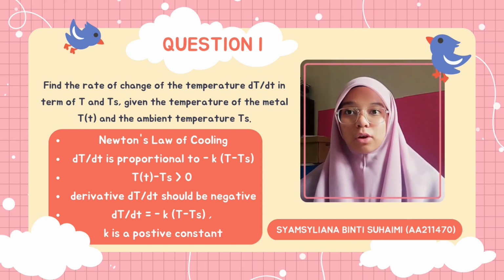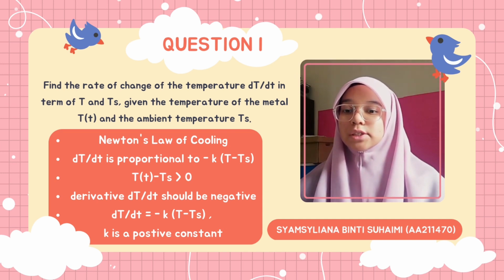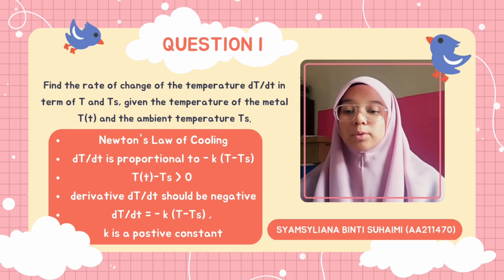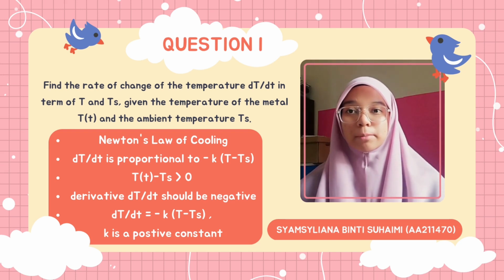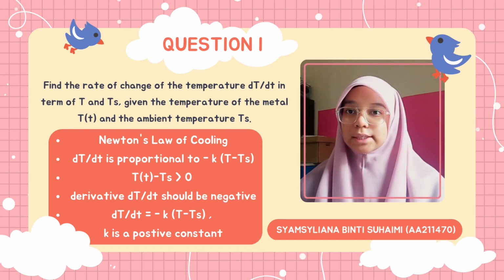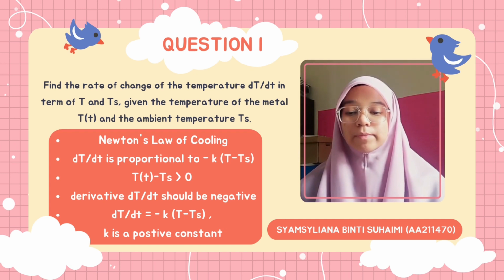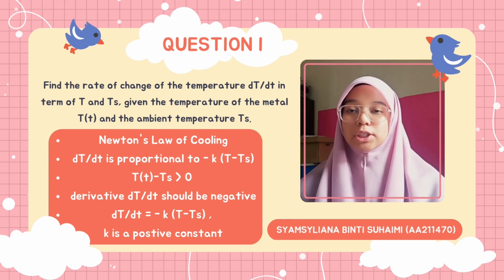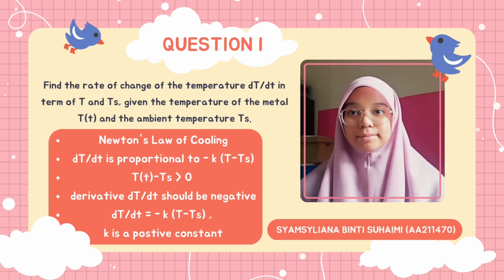By Newton's law of cooling, the rate of change of temperature dT/dt is proportional to the difference between the temperature of the metal T(t) and the ambient temperature Ts. This means that dT/dt is proportional to -k(T - Ts).